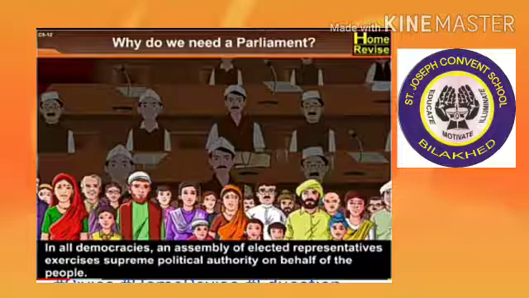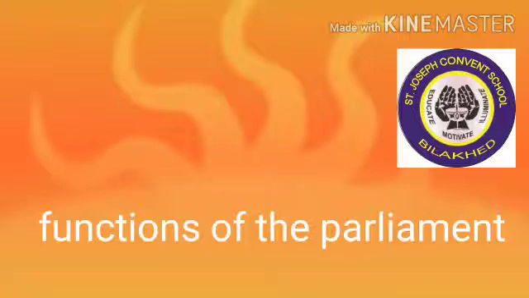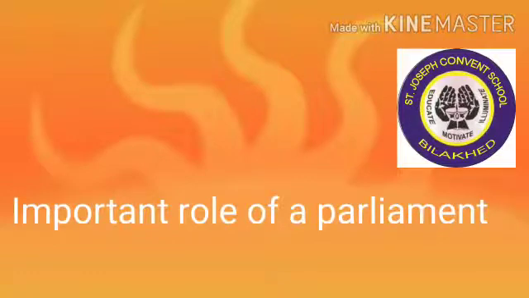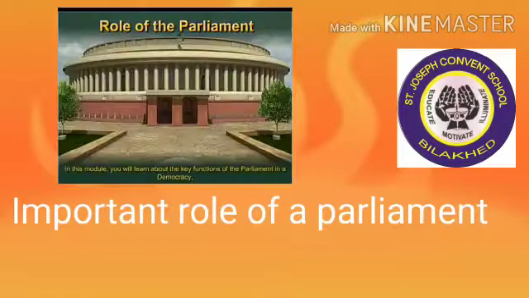In this topic, we are going to discuss some important functions of Parliament, then the formation of the Parliament, and how it is working in our country. This we are going to study in detail in this chapter.